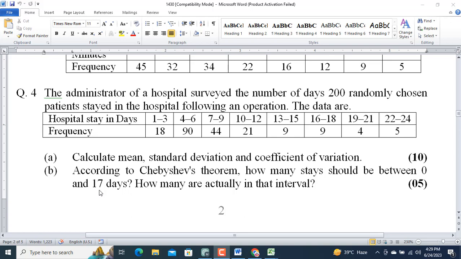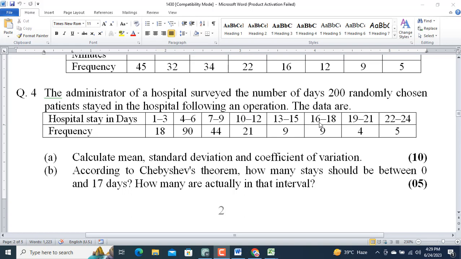Please read task number 2, or part B, carefully. You have to apply Chebyshev's theorem to determine how many patients are there in the group related to 0 to 17. So the group is from 0 to the group 16 to 18.